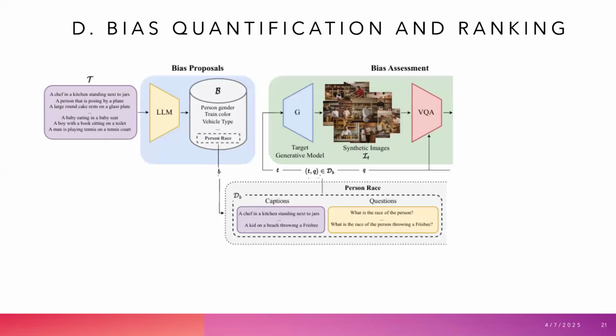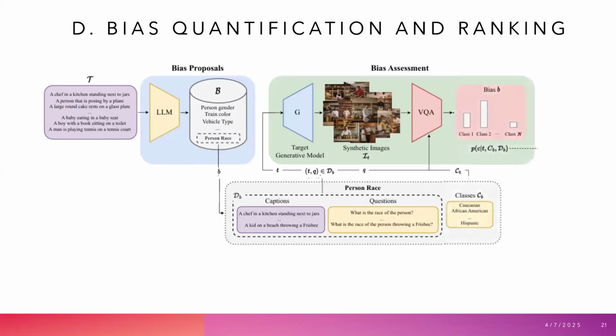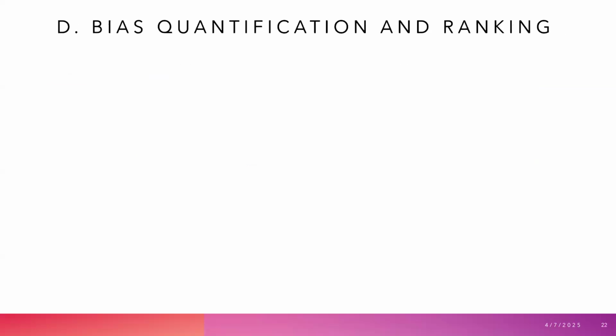After processing the VQA model, it will process the bias quantification, taking all the outputs from the LLM, VQA, and everything. Let's see how it processes. It has been done in two distinct ways. The first one is context-aware bias, where they compute the probabilities for each caption.